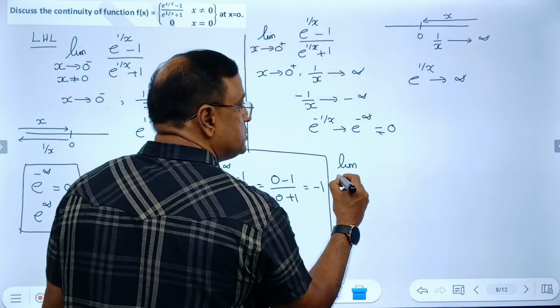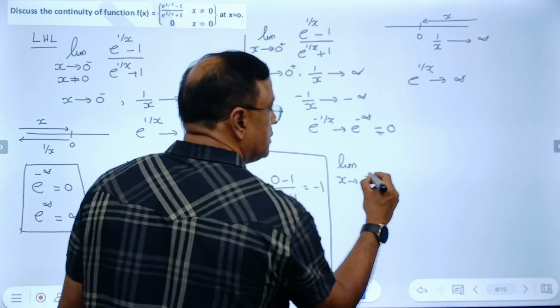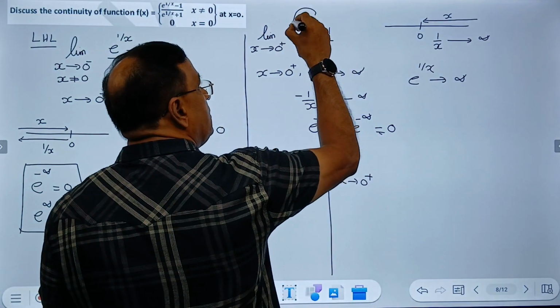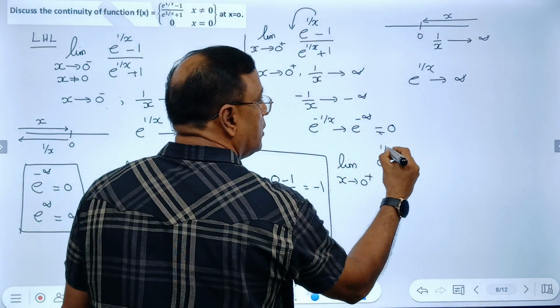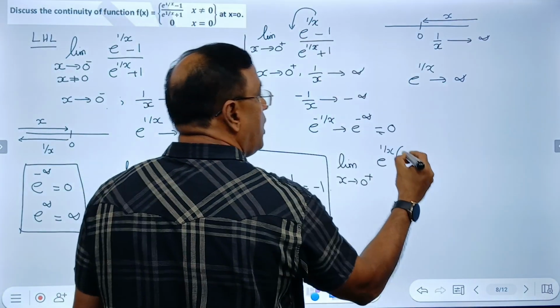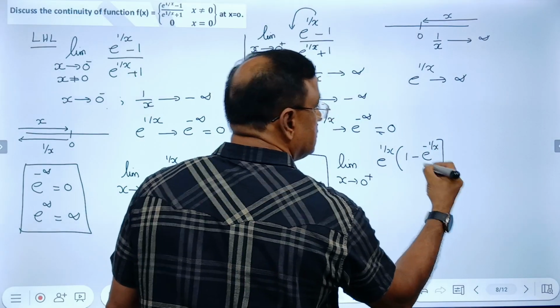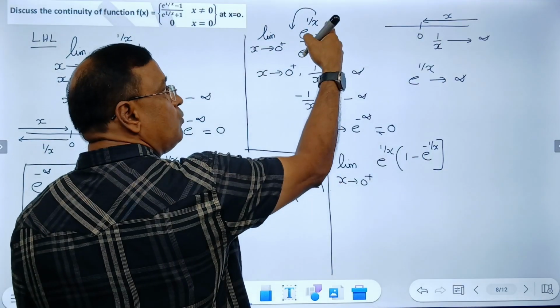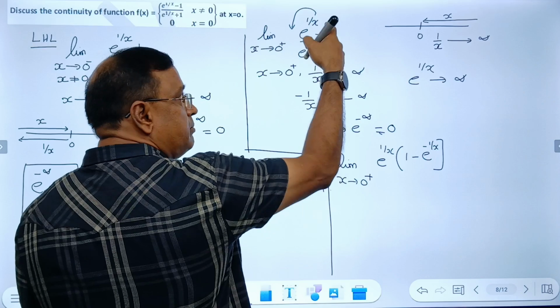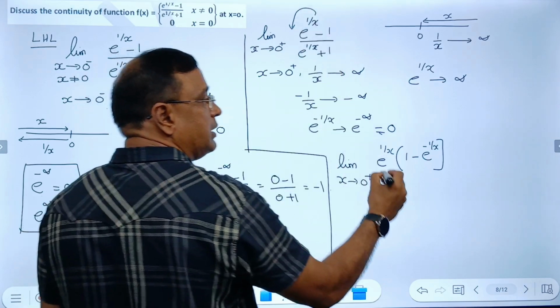I take x approaches 0 plus. From this I take e power 1 by x out. So what do I get? I will get 1 minus e power minus 1 by x, correct? If I take e power 1 by x out, I get 1 by e power 1 by x, which is e power minus 1 by x.